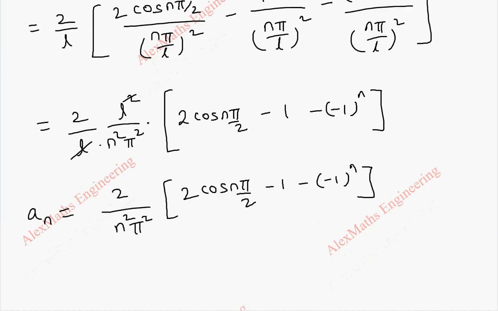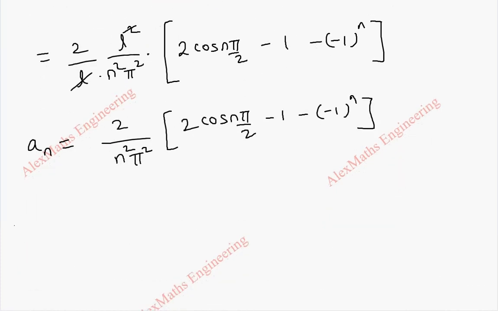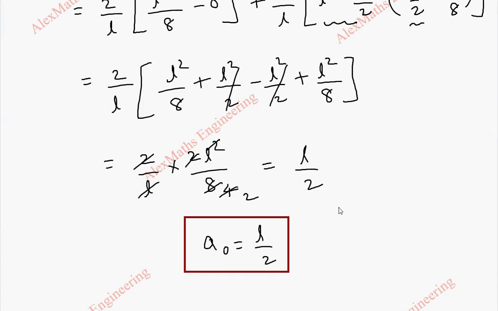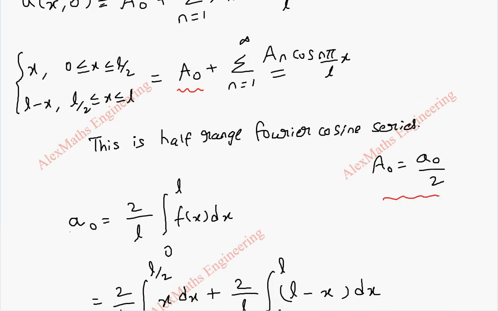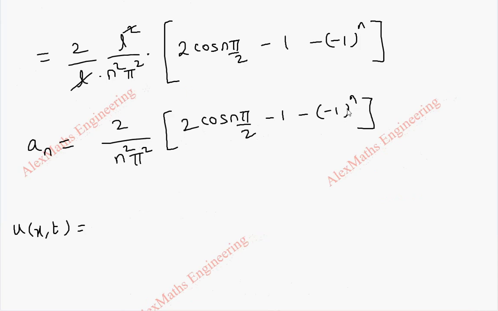Now substituting everything in our solution, u of x comma t is, we had a naught, but a naught is small a naught by 2. So we had small a naught is L by 2, but as per the formula, capital A naught is a naught by 2. So in place of capital A naught, we have to put a naught by 2, that is small a naught by 2.